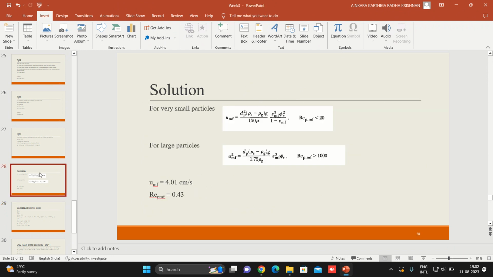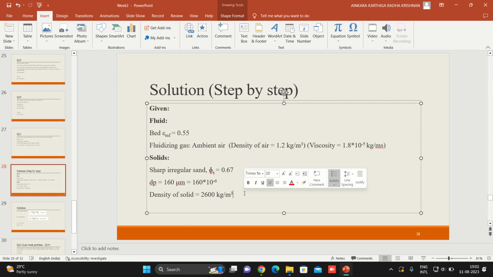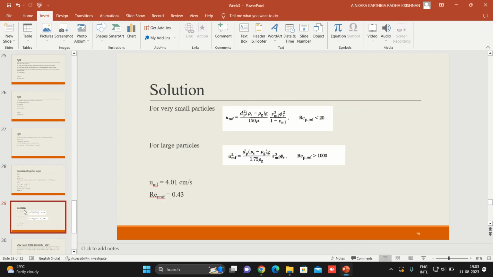So the next one is the problem formula. What is asked in the question? Calculate the minimum fluidizing velocity.